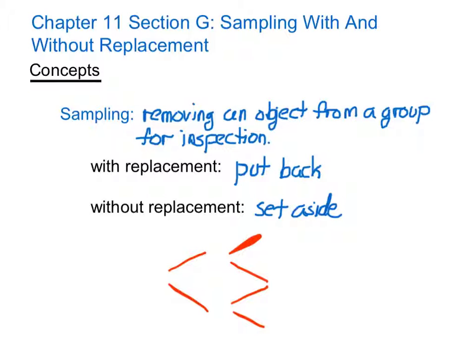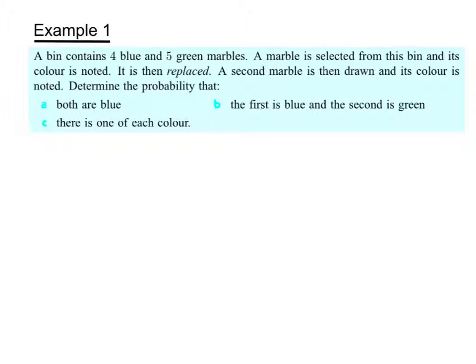So when you're solving problems of this nature, be sure to look for keywords such as the object is replaced, or the object is set aside, to figure out whether or not you're using replacement or not replacement to figure out the probability. Let's take a look at an example problem.